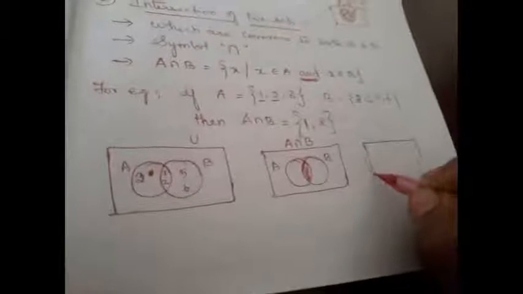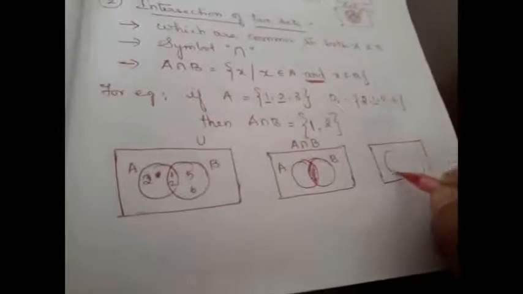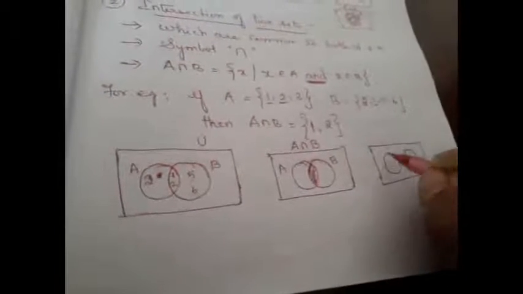Right? Now if suppose there is no overlapping at all, which means the two sets A and B are completely two distinct sets, then what will be A intersection B? The definition of A intersection B says it should be available in both the sets, but this is the case where we don't have any elements in common, right?